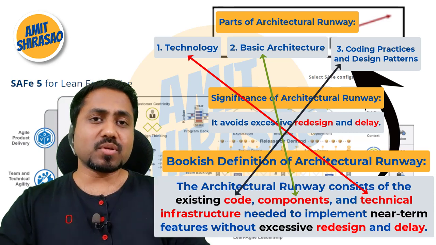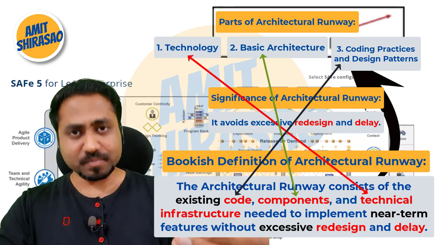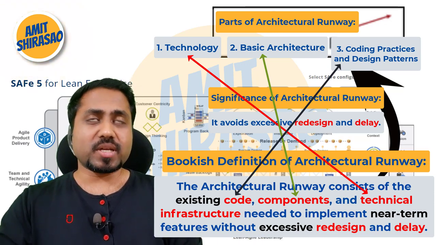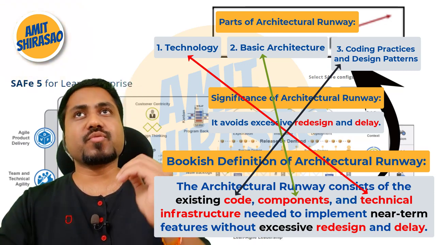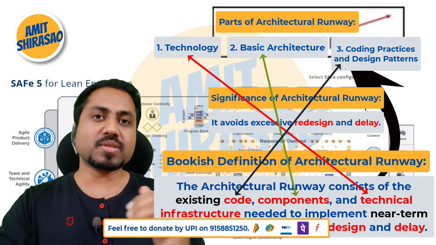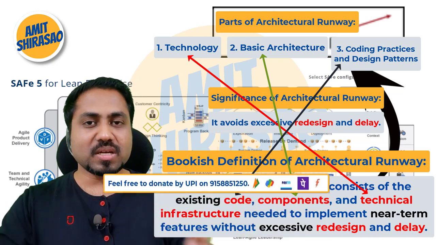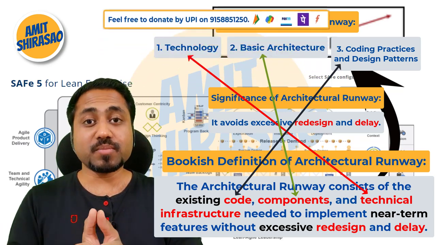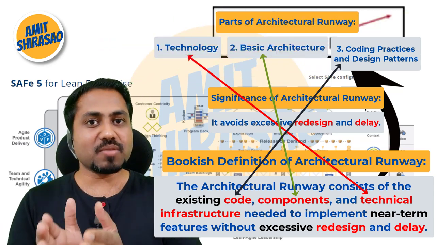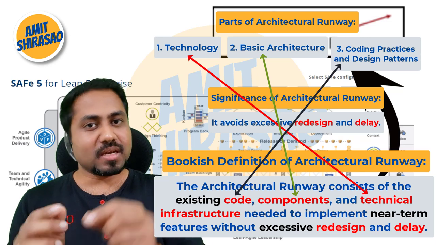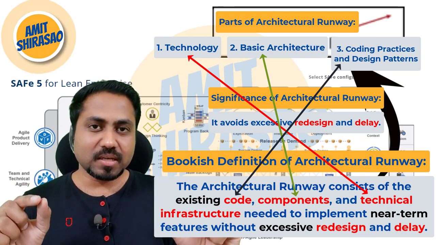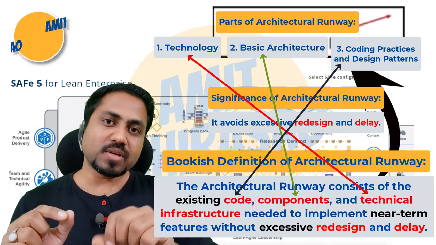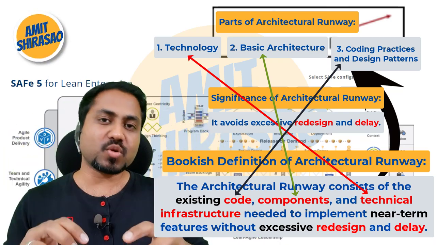Existing code means your design patterns. Whatever design pattern you are using, that is the existing code. For example, if you say a microservice architecture is to be used, what does that mean? Every API will be independently deployable. Every API will have a separate Git repo and a separate Jenkins pipeline. If that API is failing, only that API is failing, you can redeploy it, and the whole application won't crash.